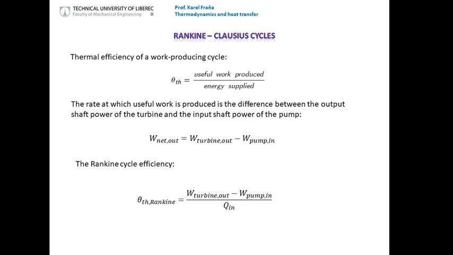And if we insert into this previous definition of the thermal efficiency of the cycle, we can see the thermal efficiency of the Rankine cycle. It's practically the ratio between the net work produced by the turbine, that means the turbine work reduced by the work needed for the pump, divided by the total supplied energy in the form of heat.